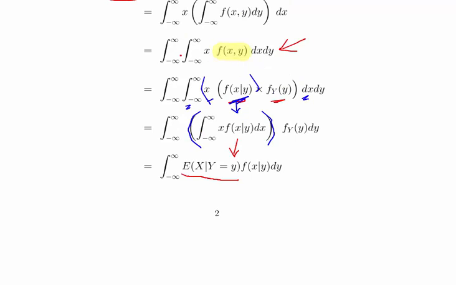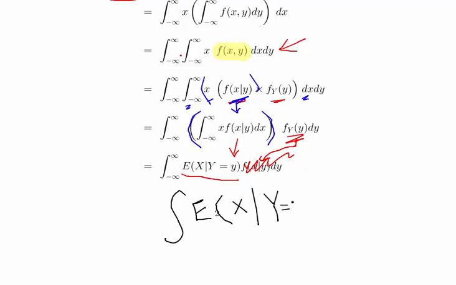So I'm just inserting a quick edit. I just realized I made a mistake here at the end. This expression here should continue on here, so that's wrong. I'll rewrite this line here: the integral of the expectation of x conditional on y, times the marginal density of y.